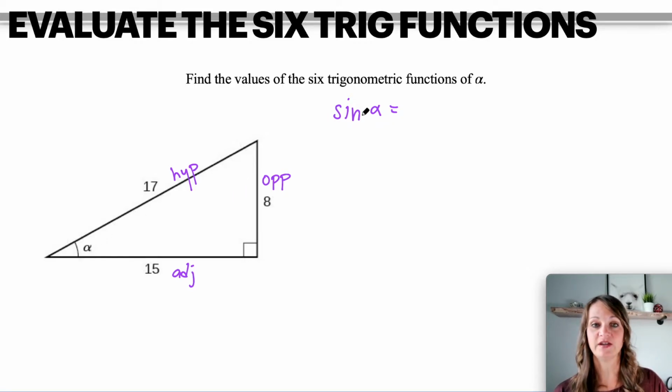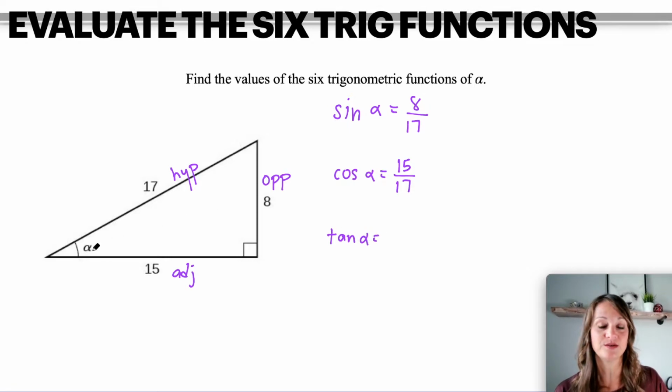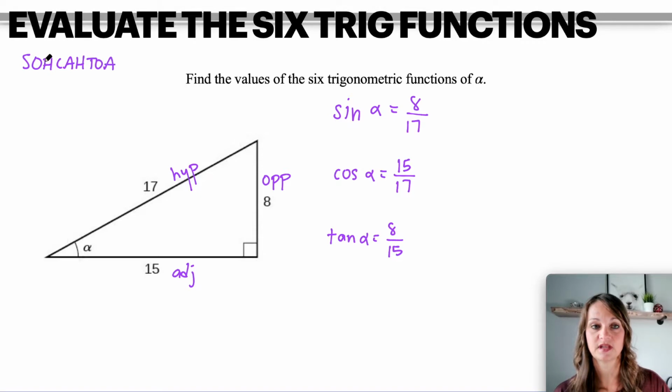So the sine of alpha is 8 over 17. The cosine of alpha is adjacent over hypotenuse, which is 15 over 17. And tangent of alpha is opposite over adjacent, which is 8 over 15, when you think about SOHCAHTOA: opposite, hypotenuse, adjacent, hypotenuse, and opposite, adjacent.